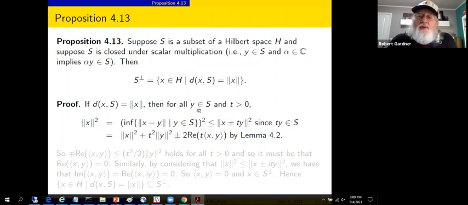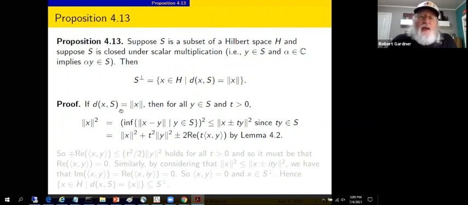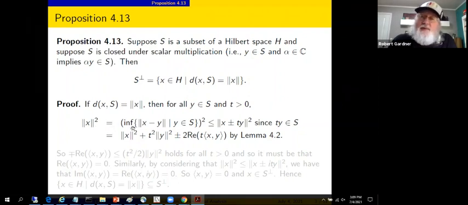Then for all vectors y in S and any scalar t greater than 0, we've got closure under scalar multiplication, remember, we have the norm squared of x equals the distance squared. The distance is defined as the infimum of the norm of x minus y, where vector y ranges over set S, how we defined distance from a point to a set, from a vector to a set.